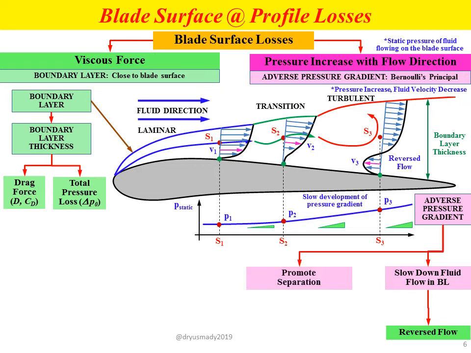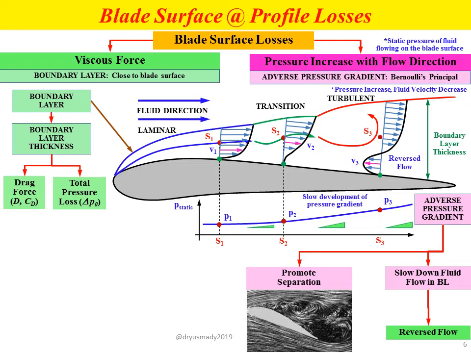Other than that, adverse pressure gradient also will promote separation, as shown in the figure. Separation means the streamline of fluid flow will not attach to the blade surface. The streamline of the fluid will separate from the surface of the blade.